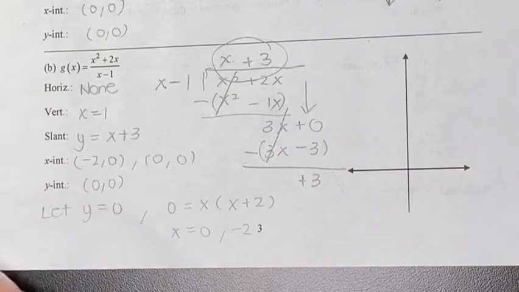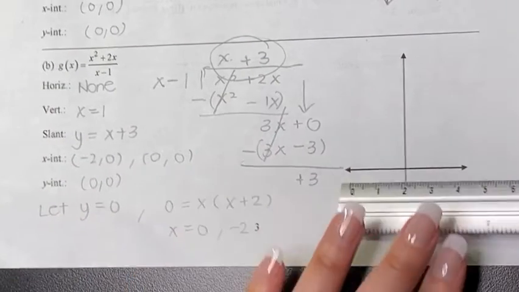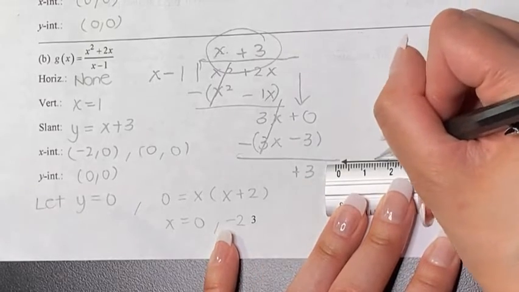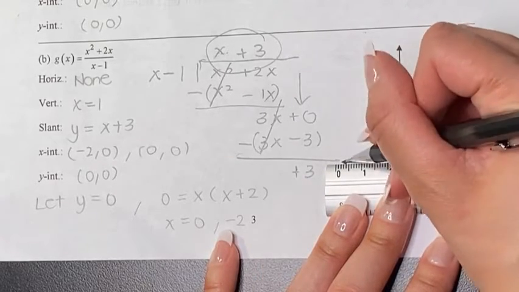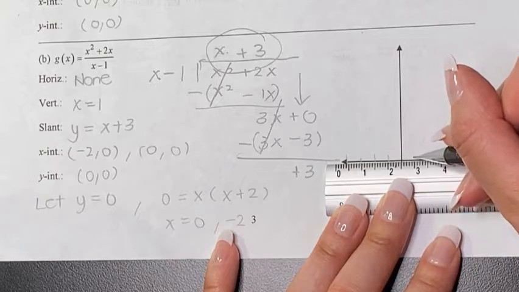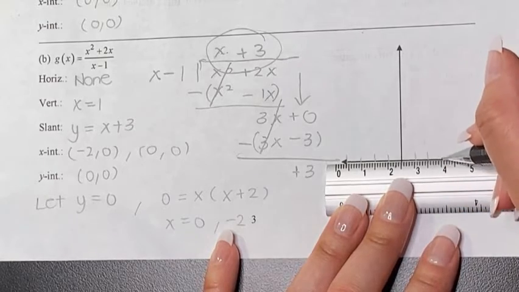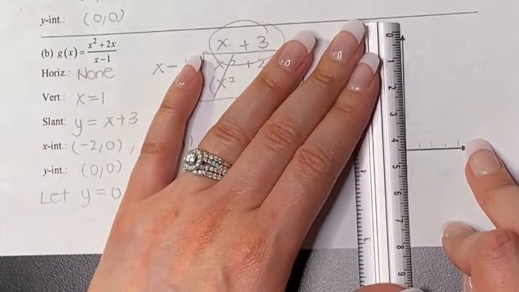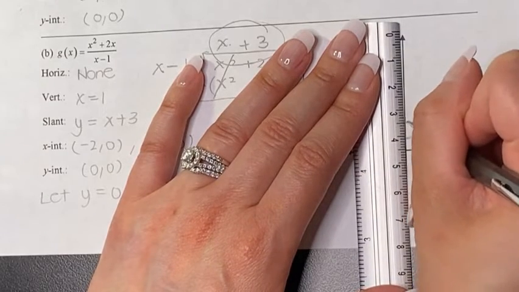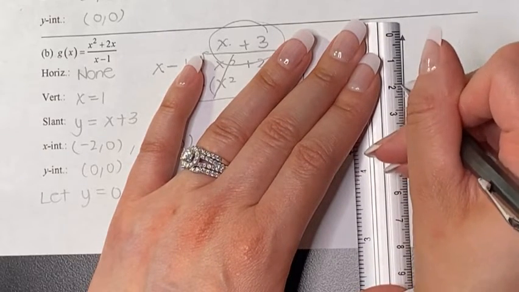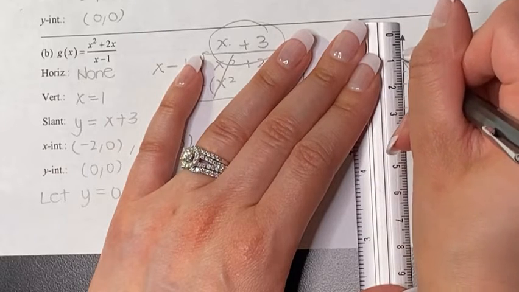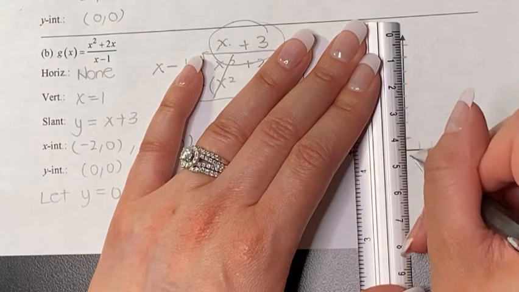Okay, so now I'm going to graph. Again, I'm going to do my scale here, otherwise it's going to be a mess. 1, 2, 3, 4. 1, 2, 3, 4. And over here, 1, 2, 3, 4, 5, 6, 7, 8.